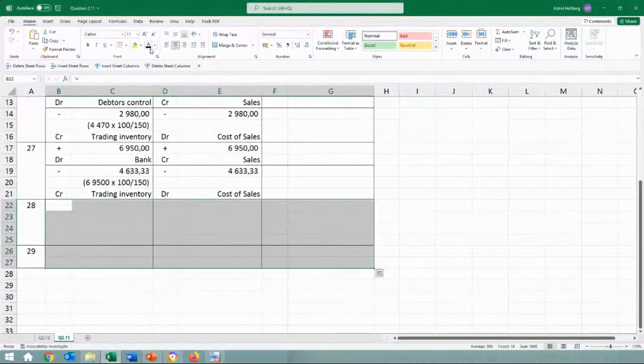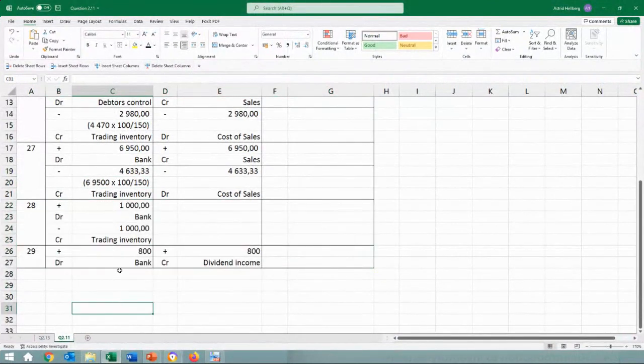So for the first one, because we returned the inventory, our inventory will decrease and we will increase the bank, whereas for the second one, we increase the bank with the dividend income we have received. And that is how you would account for these transactions in your accounting equation.